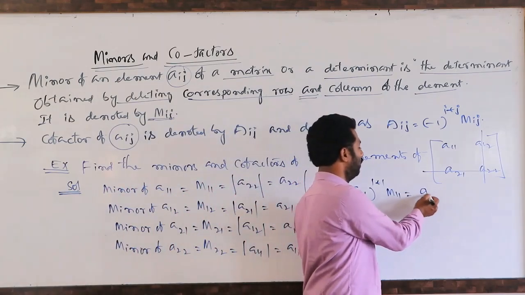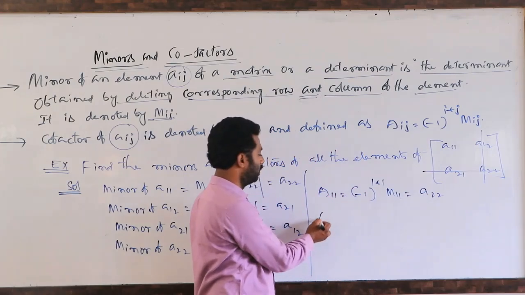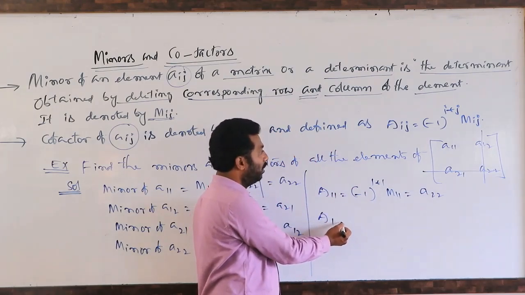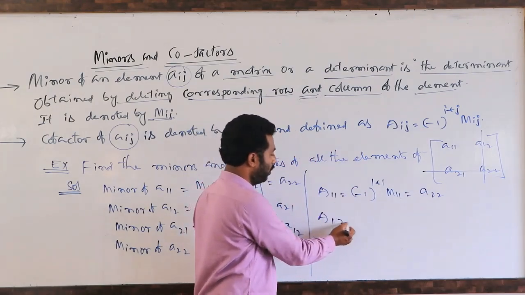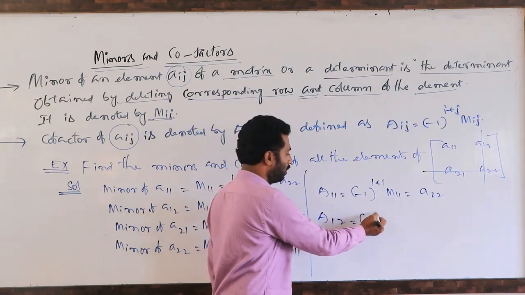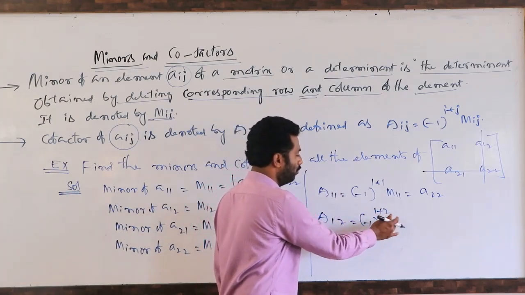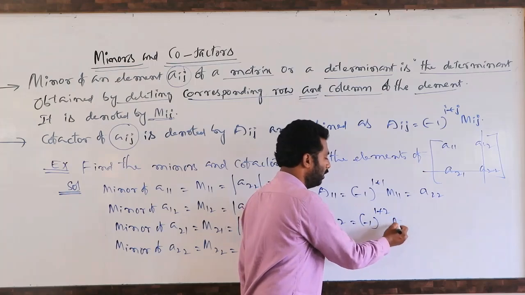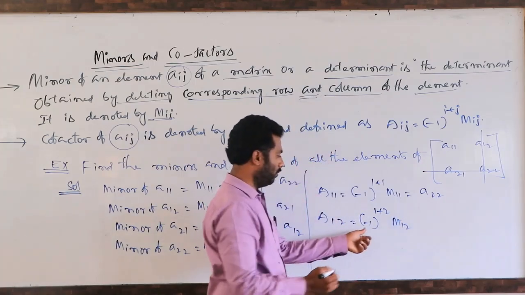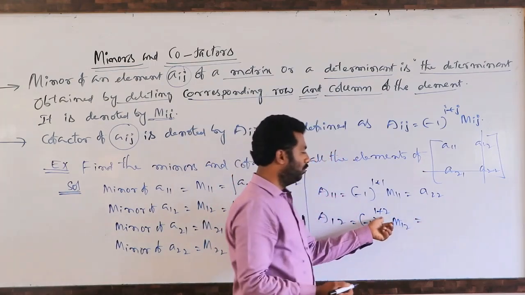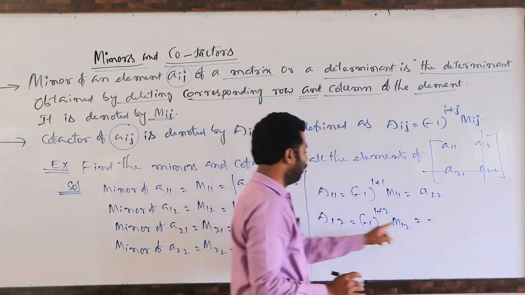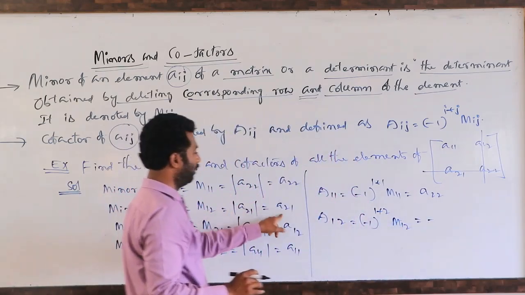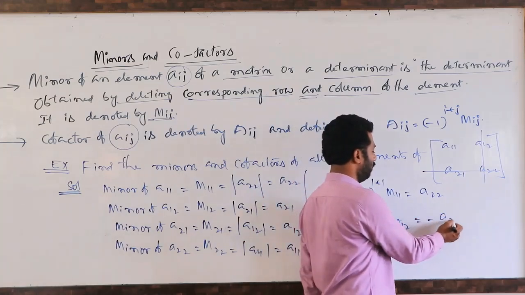What is M11? Already we got, that is A22. Next, the cofactor of A12 is minus 1 whole power 1 plus 2 into the corresponding minor M12. Minus 1 whole cube means minus M12. What is M12 here? A21.